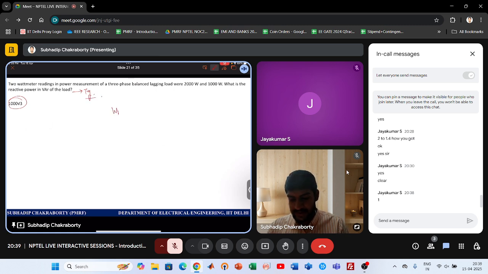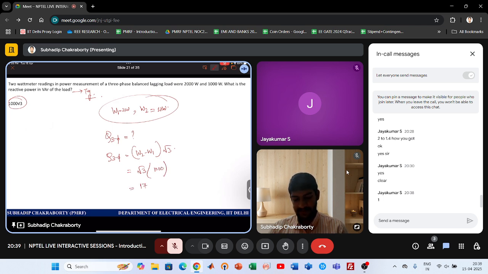That W1 and W2. W1 is 2000 or 2 kilowatt and W2 is 1 kilowatt. Then they are asking the reactive power Q three-phase. Now we wrote the formula that Q three-phase is nothing but W2 minus W1 multiplied by root 3, right here. So that will be root 3 times 1000.